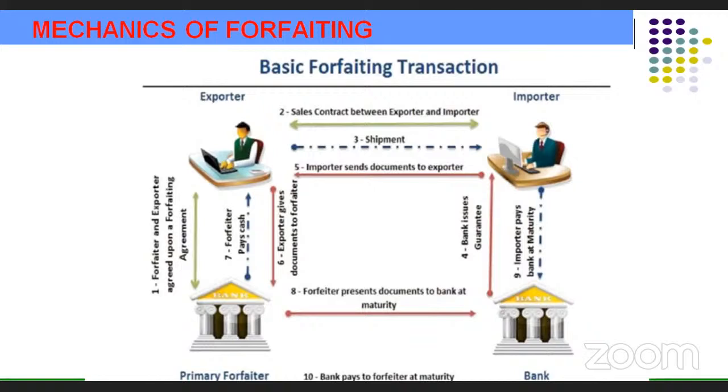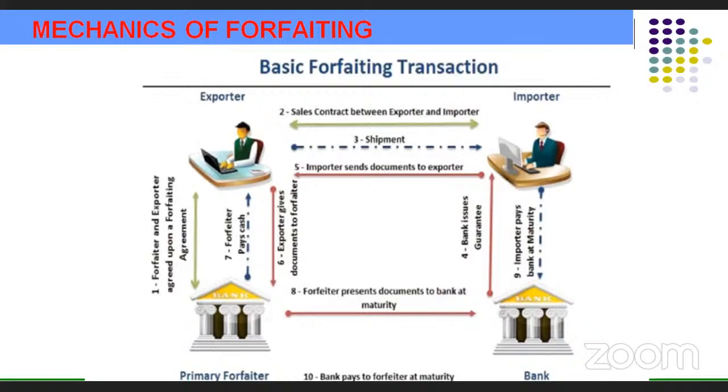Then next, the risk of currency fluctuations is another aspect which the forfeiting agency will take over from the exporter, along with interest rate fluctuation risk also. Then once the exporter discounts the negotiable instrument with the forfeiter, he is free from all credit management issues.